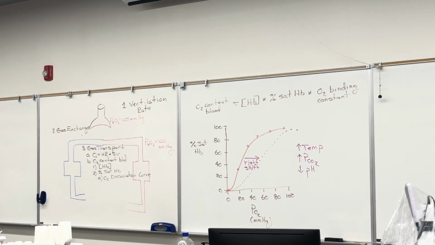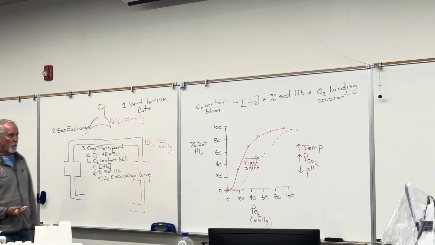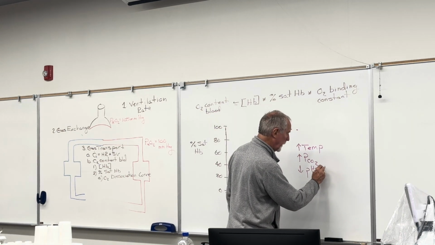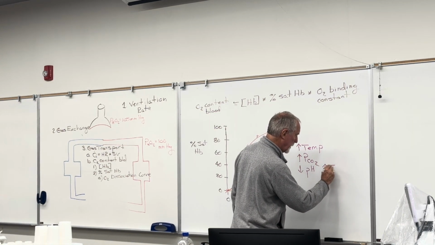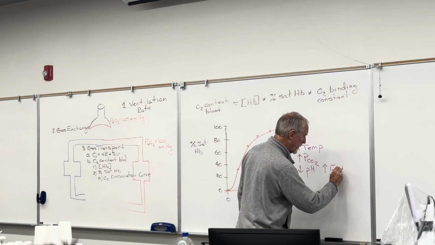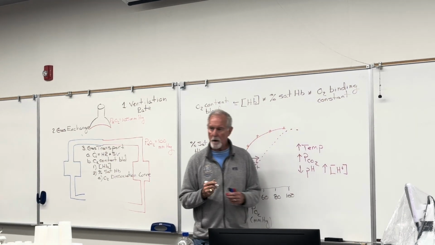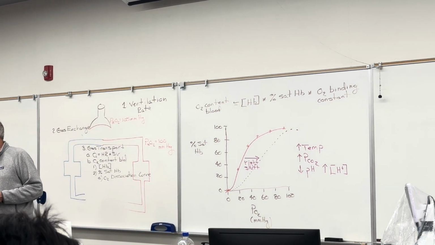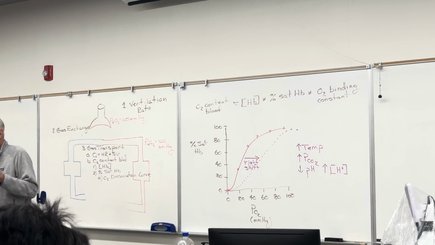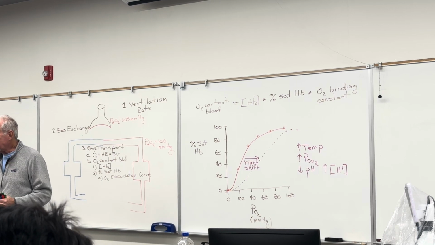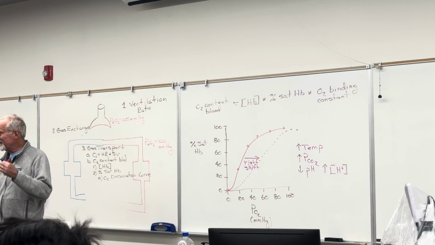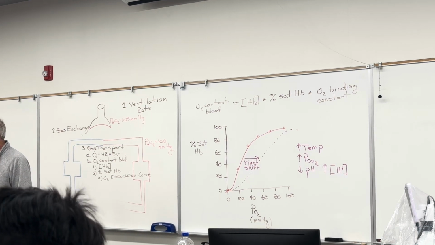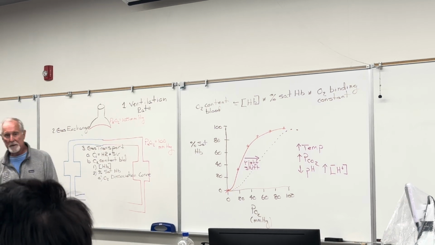So when we say a decrease in pH, what we're really saying is that it's an increase in the concentration of hydrogen ions. Make sure you understand this. It's not the decrease in pH that creates the increase in hydrogen ions. The pH scale is just a scale to describe the concentration of hydrogen ions. It's the increase in the concentration of hydrogen ions that causes the pH to go down.